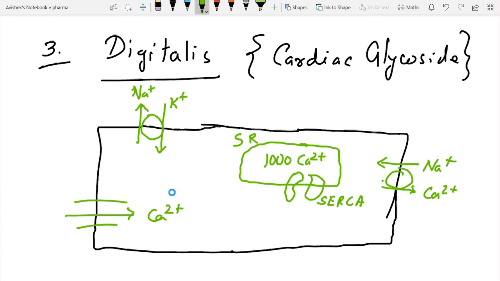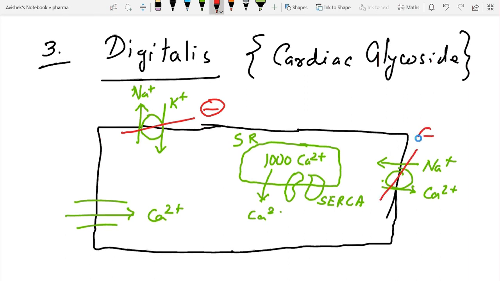Activation of this will lead this calcium out, but after the work has been done, they will take back the calcium. Now the digoxin drug, what it will do, they will block this pump, the sodium potassium pump.